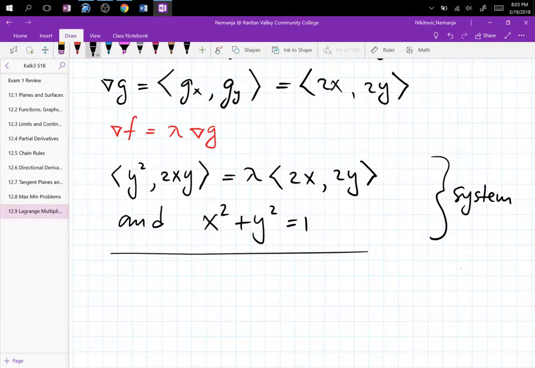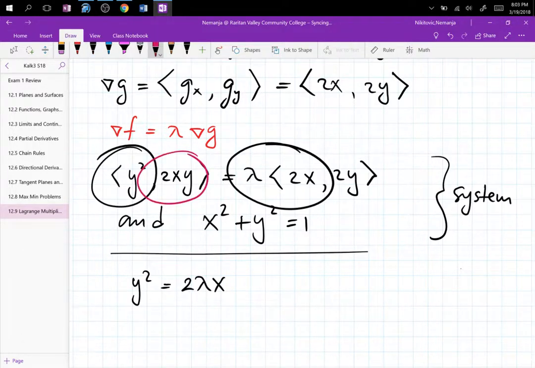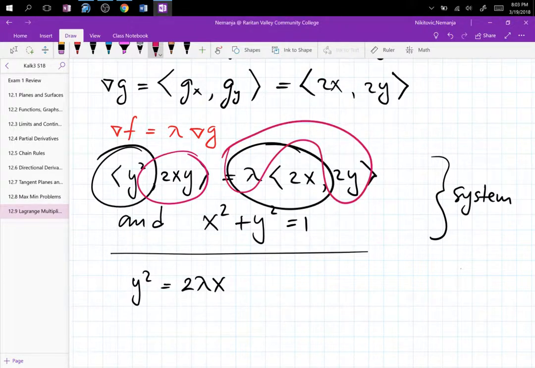I have x coordinate equals x coordinate. So y squared is equal to 2 lambda x. And then I have y coordinate equal to y coordinate. So that's the second equation: 2xy equals 2 lambda y.